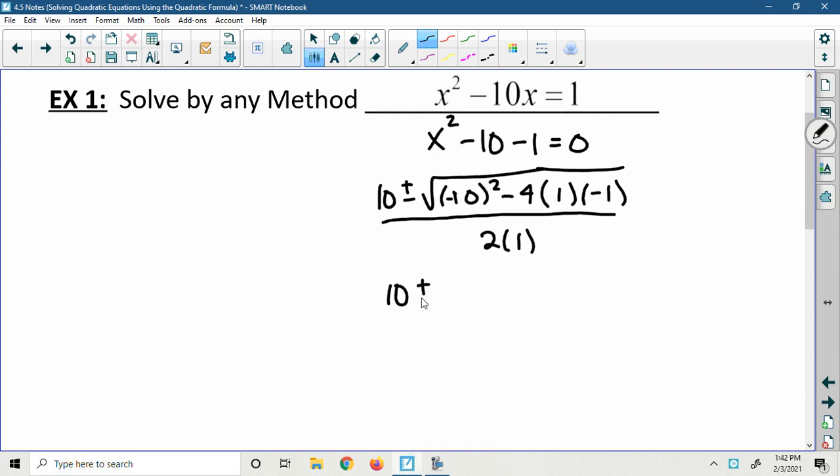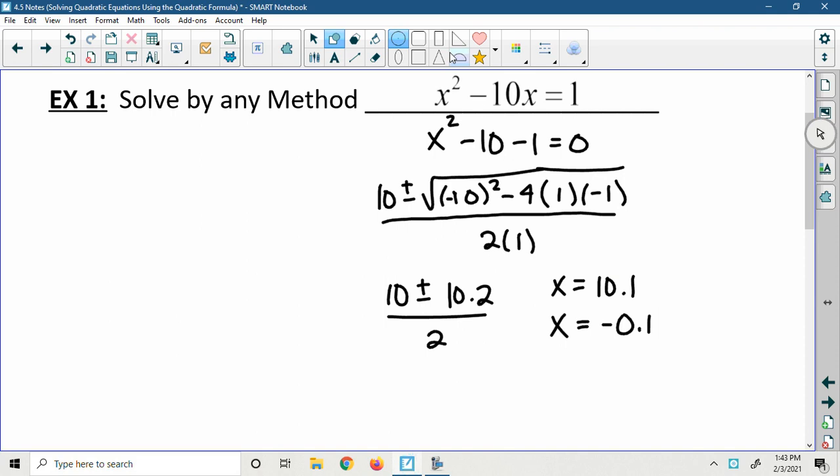In my calculator, when I did that big square root part, I got about 10.2 over 2. My 2 answers then ended up being x equals 10.1 and x equals negative 0.1. So hopefully that worked out for you and you got those same answers no matter which method you used.